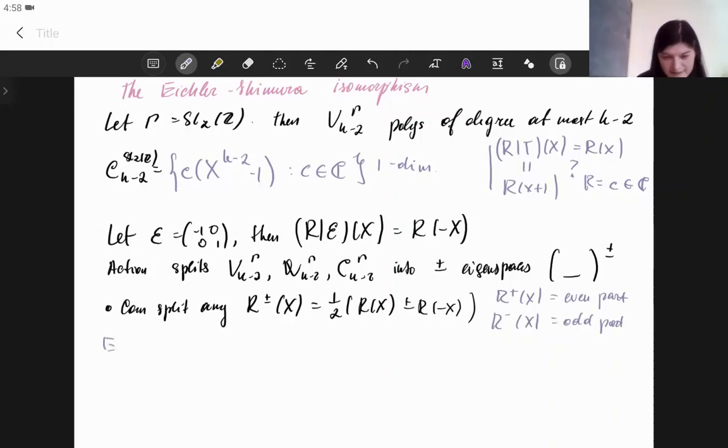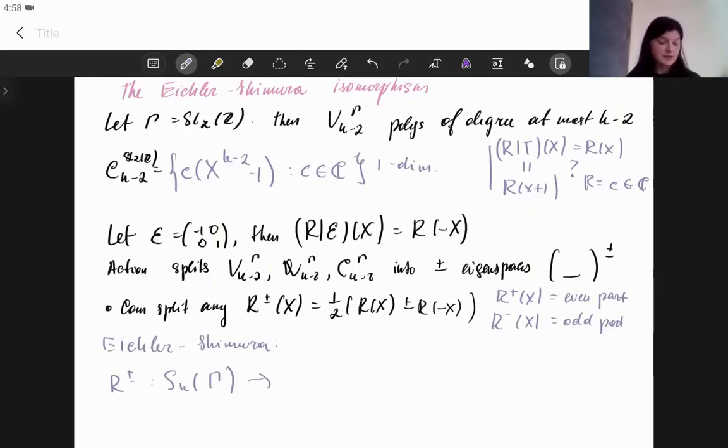Then the Eichler-Shimura isomorphism states the following. If we take the map R plus or minus from the cusp space, in this case it's SL2Z, but we can really just do it for any subgroup gamma, well, we get a polynomial that's either even or odd, whether we take R plus or R minus, right? So we take first a modular form, then we get a period polynomial, and then we split it into its even or odd part.